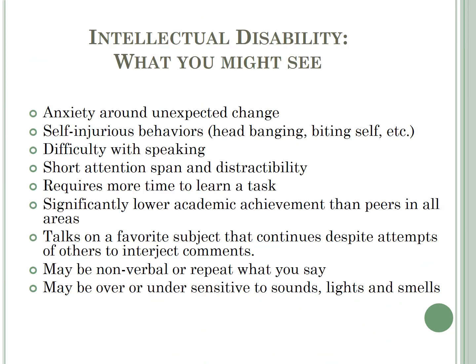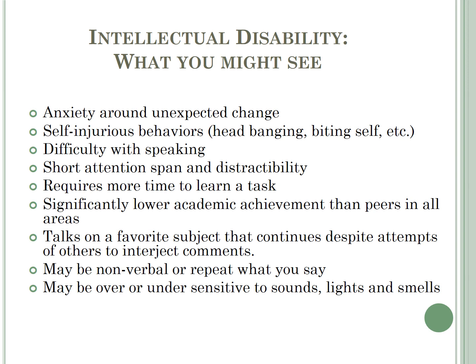And for what you might see with an intellectual disability, you're going to probably see anxiety around unexpected change. You're going to see self-injurious behaviors, difficulty with speaking at times, short attention span and distractibility. The individual will probably require more time to learn a task.